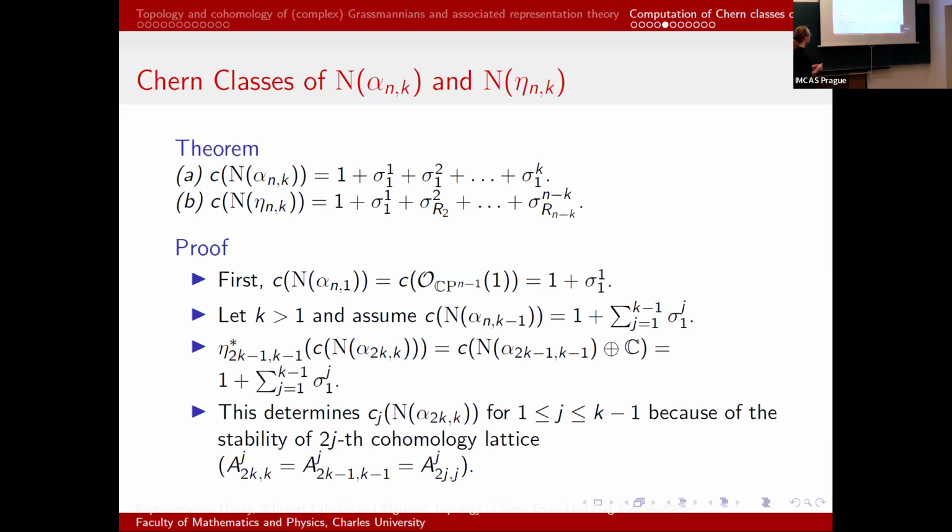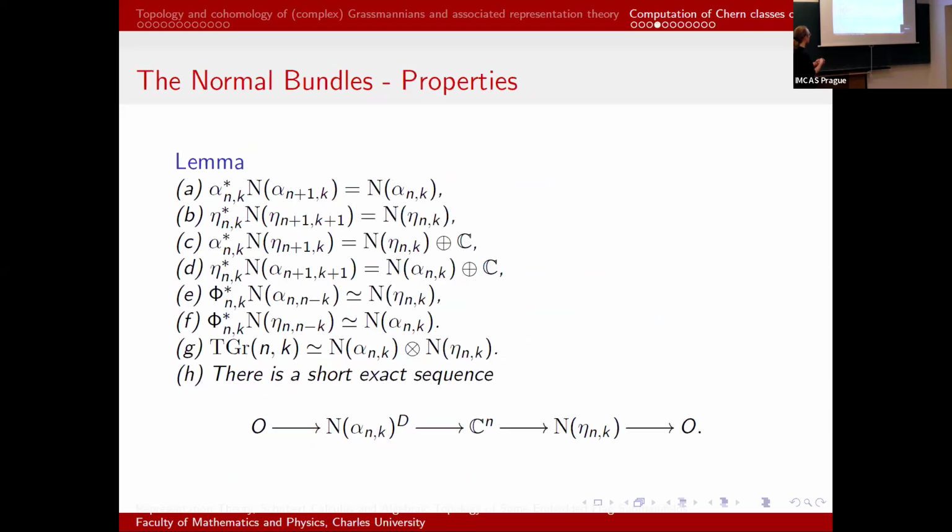So we can prove this theorem just by computing the Chern class of n alpha_{n,k}, and then if we use the previous lemma, which states that n alpha_{n,k} is just a pullback of n alpha_{n,n-k} under phi*_{n,k}, which we know just permutes generators of the cohomologies.